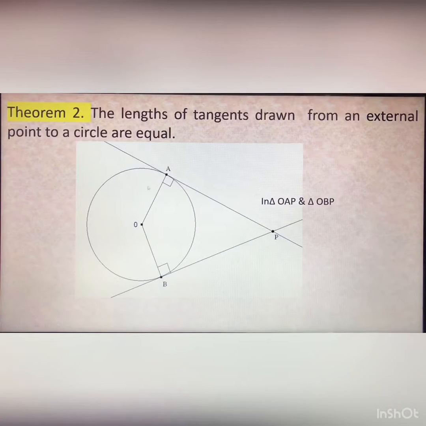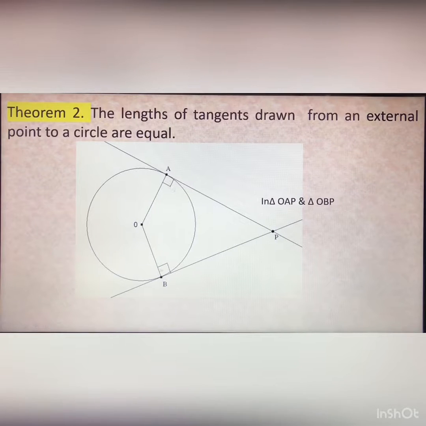So here, dear, we will draw a circle and two tangents from an external point P, that is AP and PB. Okay, AP and PB, and we join the point of contact to the center. We know that the radius is always perpendicular to the tangent, and the tangent is always perpendicular to the radius.